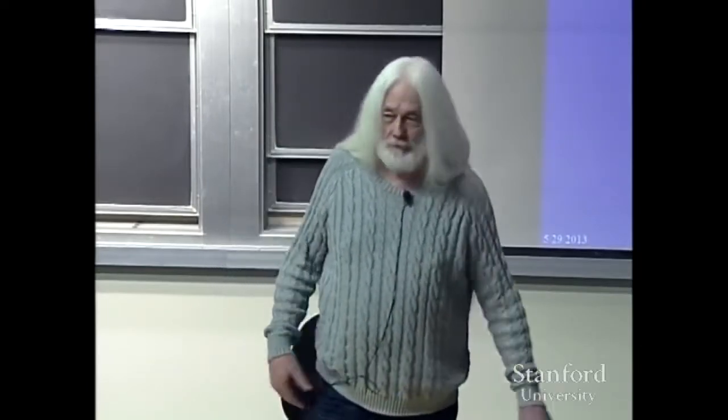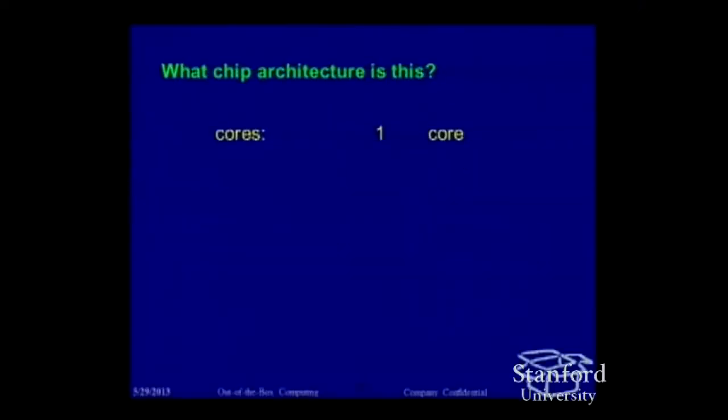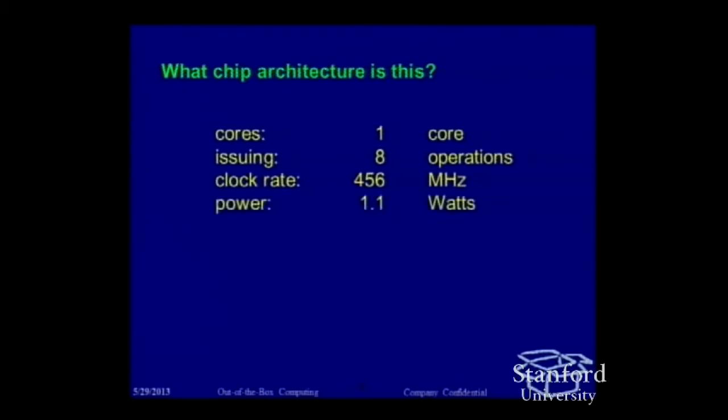One more example. This one's got 1 core, issuing 8 operations per cycle, clock rate of not quite 500 megahertz, only 1.1 watts. Am I in the way of people seeing this? I can move over if it would help.